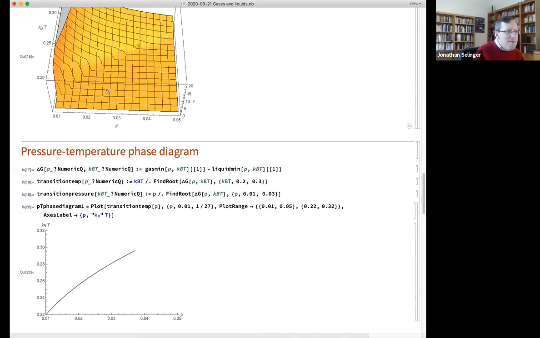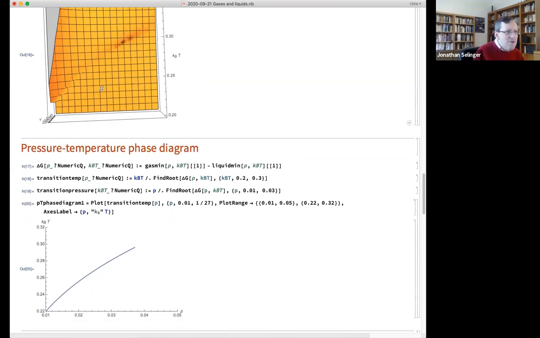You also know that because in ordinary life, at low temperature and high pressure, you get a liquid. So we could type that in here. This gets labeled as liquid. And so this is how I make the phase diagram, which is in figure 3.8 in the book, except that one has labels and this one doesn't.